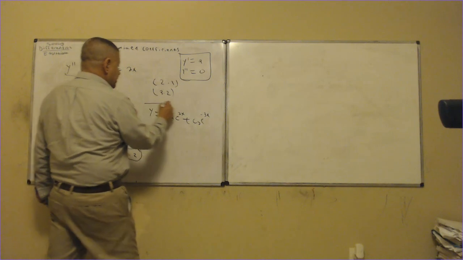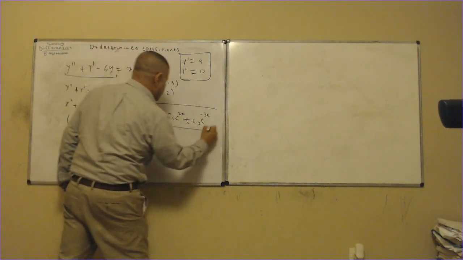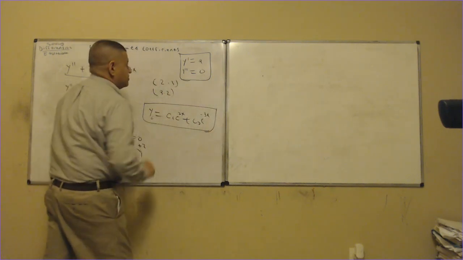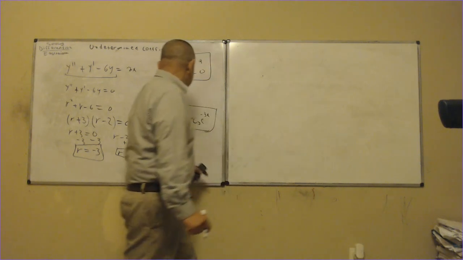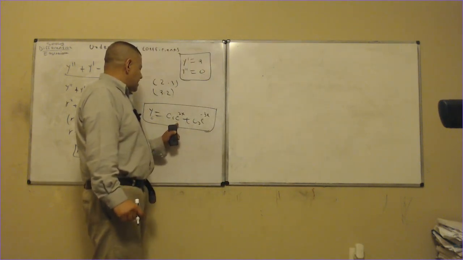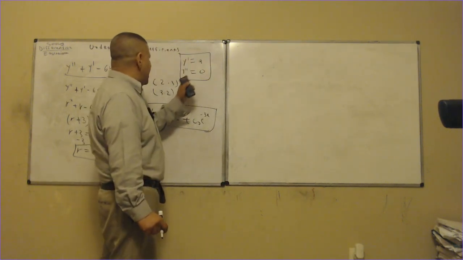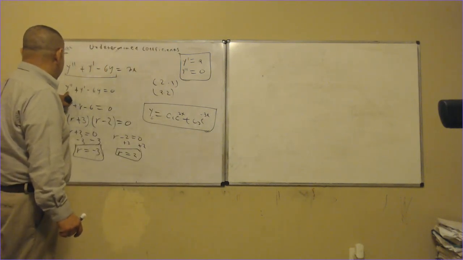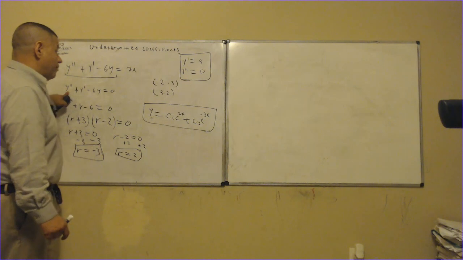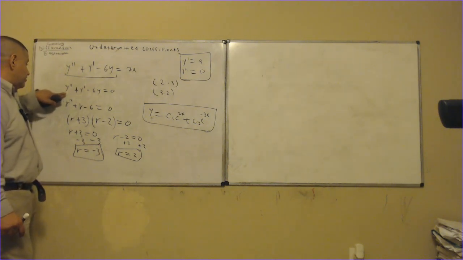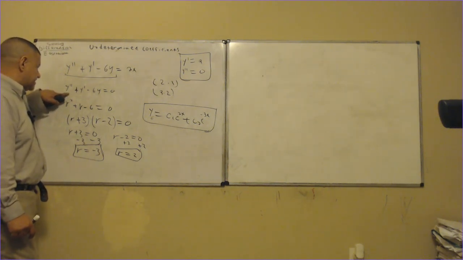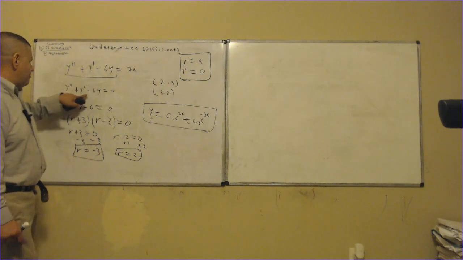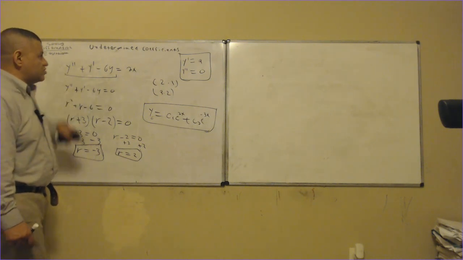That is my complementary solution. Now let me find the rest. So now I have my double derivative, which is basically the second derivative, and I have my single derivative, which is this one.